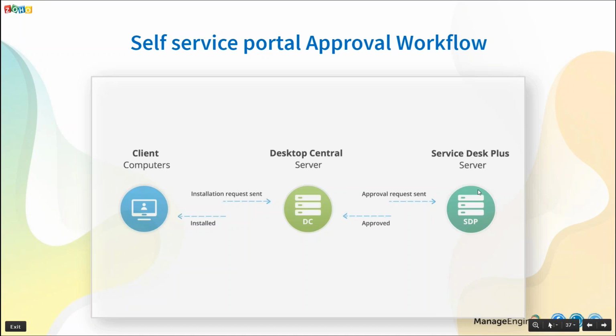Once the approver provides the approval, the details will be updated to Desktop Central and it will trigger the installation automatically on client machines. So this is how the self-service portal approval workflow will work. And this is how John will be achieving his third task.